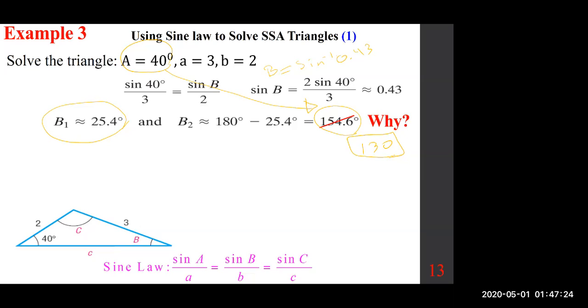That's fine. So the reason this one fails is because one angle is known to be 40 degrees. If the sum of that one angle and the second angle is 180 or larger, it's out. That's the reason. Is everybody following that?